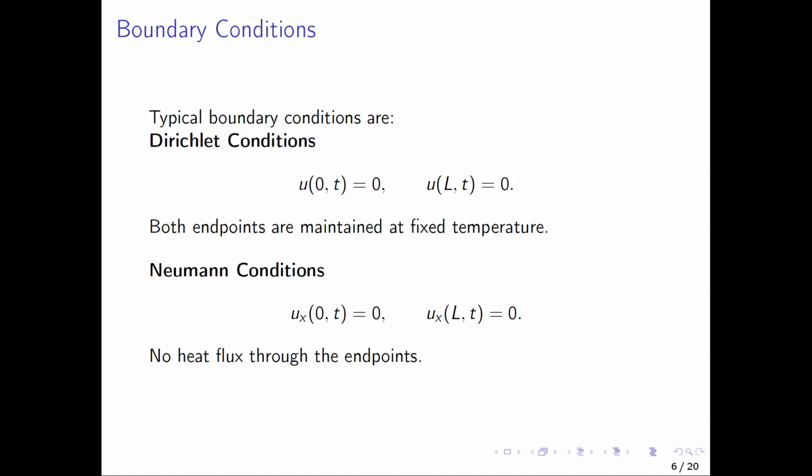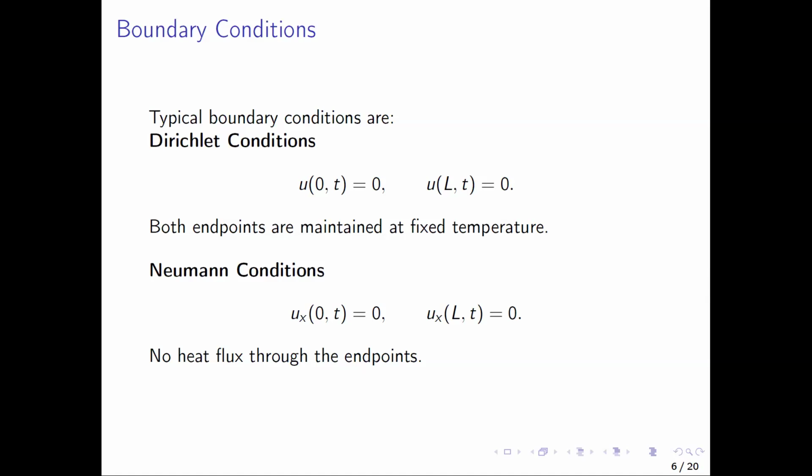For example, if we consider the Dirichlet condition, we discussed similar conditions in the wave equation also. If your boundary conditions include only the unknown function u with some variables or values, then these conditions are named Dirichlet. If the boundary conditions are given with the first order derivative values at x equals 0 and at x equals L at any time t, then these conditions are named Neumann conditions.